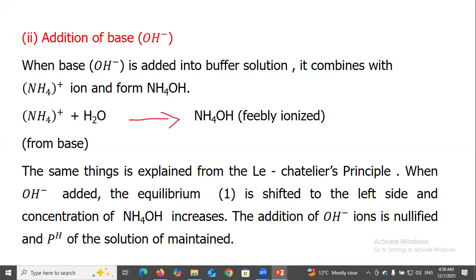The same thing is explained from Le Chatelier's principle. When the hydroxide is added, the equilibrium is shifted to the left side and the concentration of ammonium hydroxide increases. The addition of hydroxide ions is nullified and the pH of the solution is maintained.